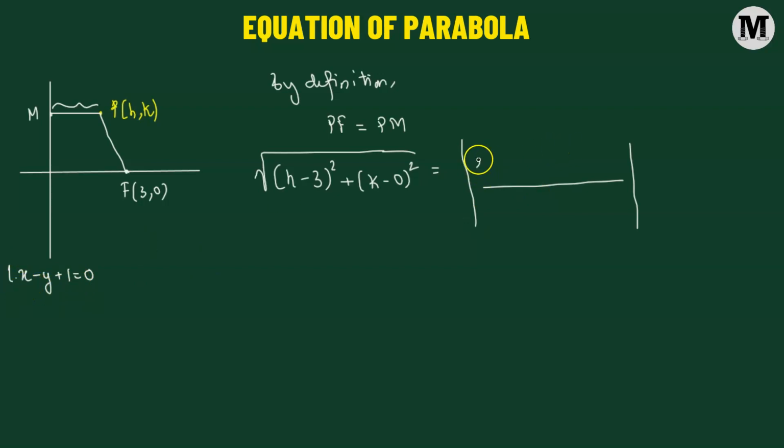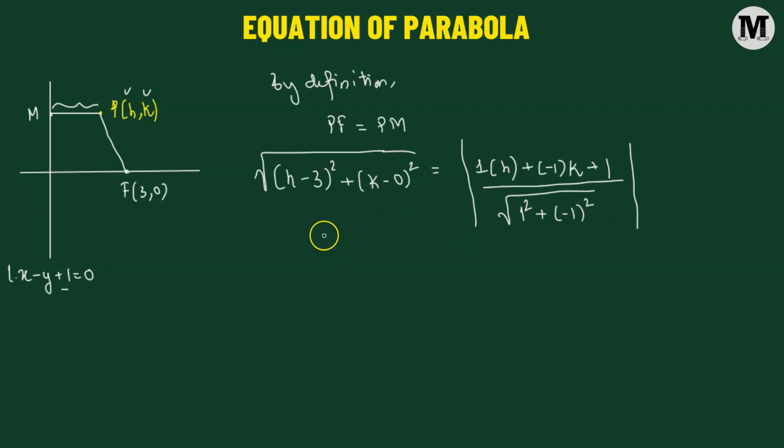So that's 1. 1 will get multiplied to the x coordinate of the point P. So that's h added to, now we'll take the coefficient of y of the directrix line. So that's negative 1. Negative 1 gets multiplied to the y coordinate of point P. So that's k. And then to it, we are going to add the constant term. So that's positive 1. Divided by the square root of, so inside the square root, we have to take the sum of the squares of the coefficients. That means we'll take 1 squared and add it to negative 1 squared.